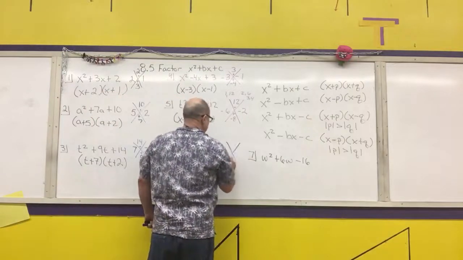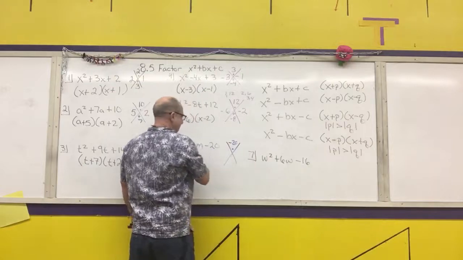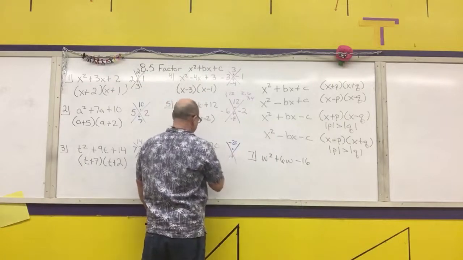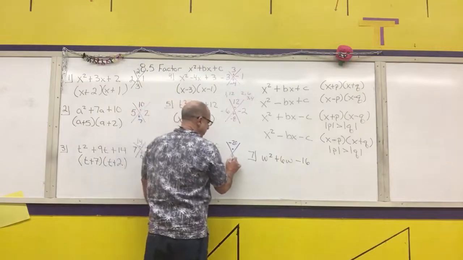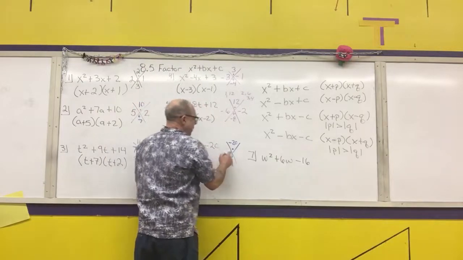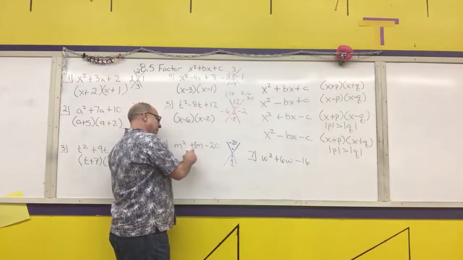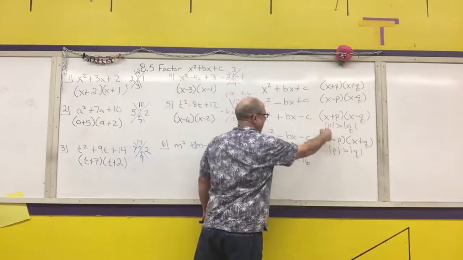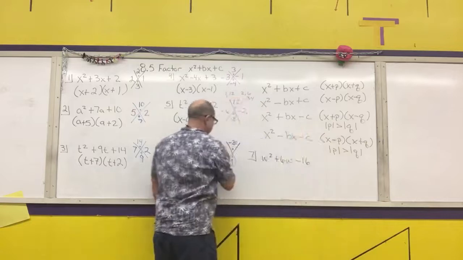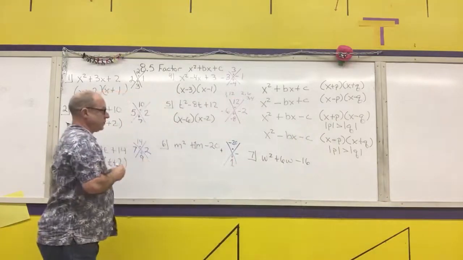Next example, two numbers that multiply to negative 20 that add to, remember there's a 1 here, a positive 1. They multiply to a negative, so they have to have opposite signs, and the biggest one has to have a positive sign. So I'm immediately going to put that down, the plus and the minus.